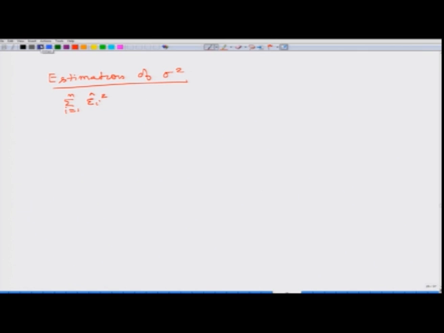We try to define something called the residual sum of squares, which is defined as the sum of squares of the residuals.